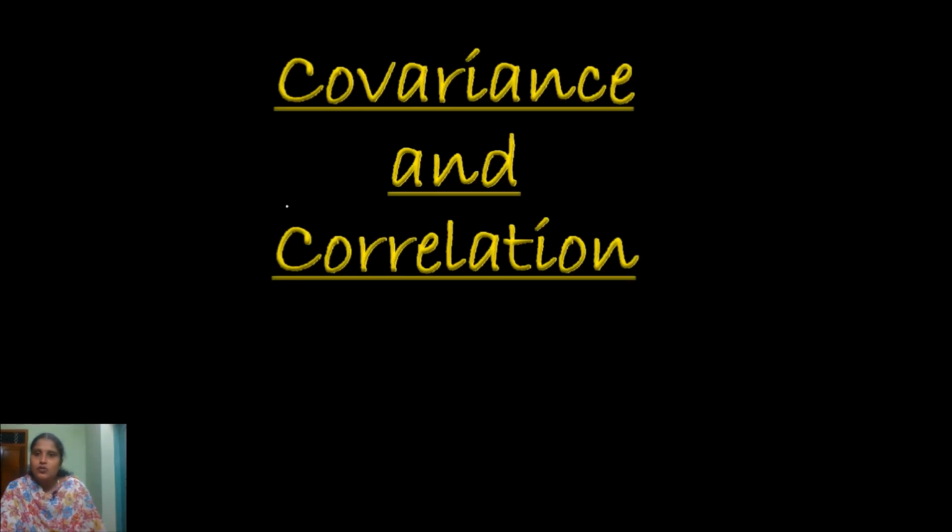In this video, I am going to explain the entire concept of covariance and correlation in detail. In practice, we have to face a large number of problems involving two or more variables. For example, let me take the simultaneous study of height and weight of students in a college.